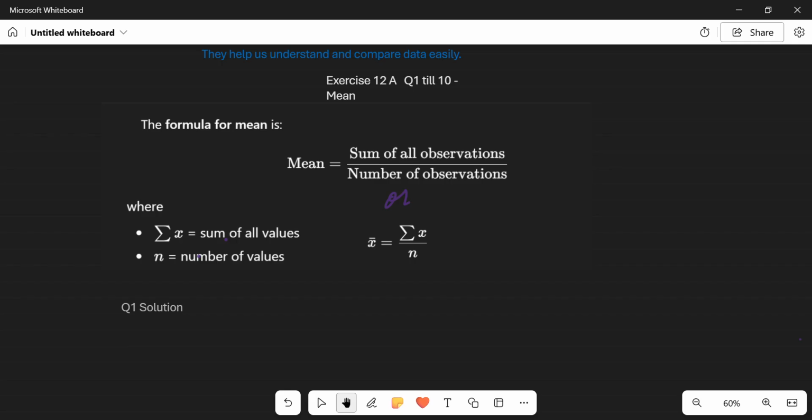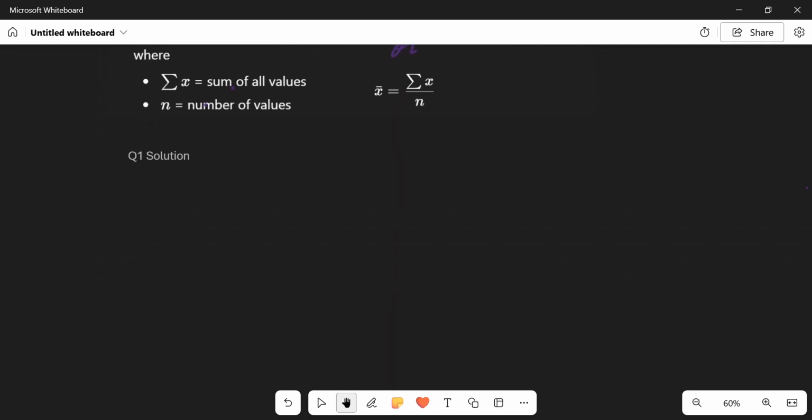The first question of exercise 12 says the number of passengers on coaches traveling along 12 popular routes are 29, 40, 45, 39, 36, 41, 38, 37, 43, 35, 32, and 40.